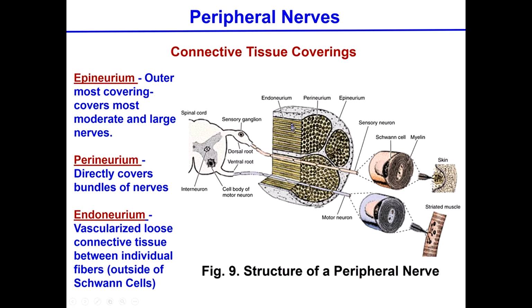And then each of these little nerves in here is surrounded by connective tissue that is outside of the structure of the nerve itself, and this is called the endoneurium. So there are three layers of connective tissue which are protecting each of these nerve fibers, these nerves going from one direction to the other all the way along.